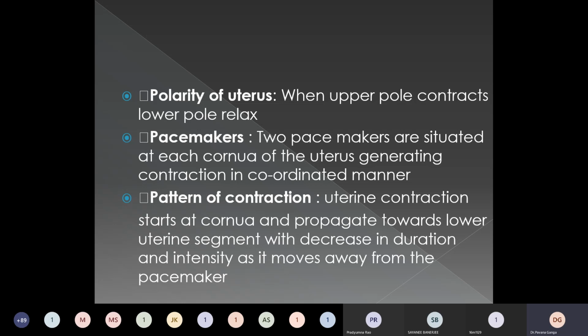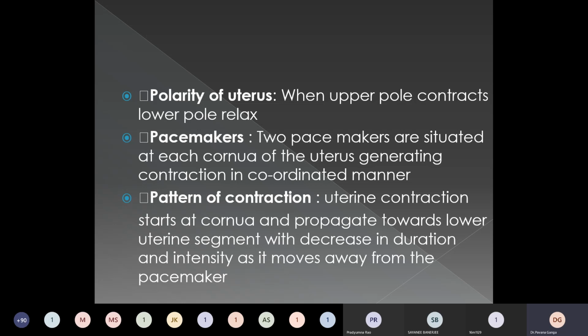Why does this happen? You have two pacemakers at the level of the fundus of the uterus, at the level of the cornu, which produce the electrical activity. You have the reflexes which start giving the commands for the uterus to contract.